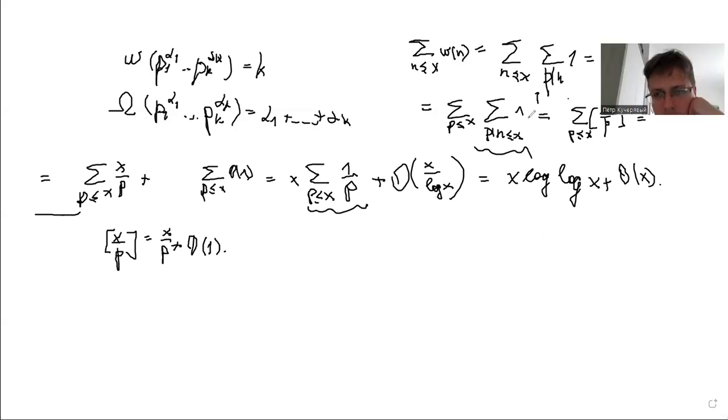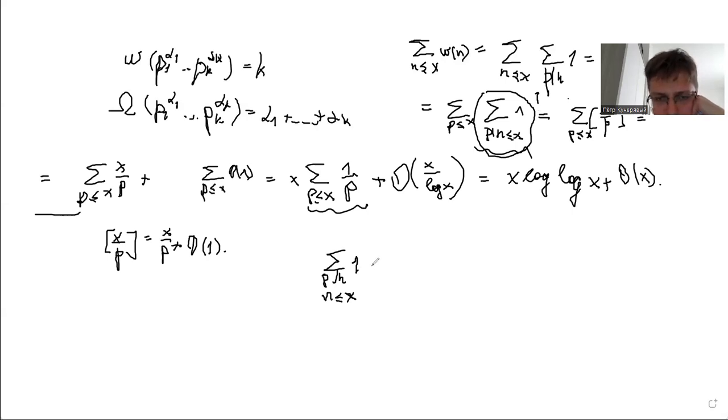Because for each p, what do we count here? We count the number of n less than x such that they are divisible by p. And what's this?